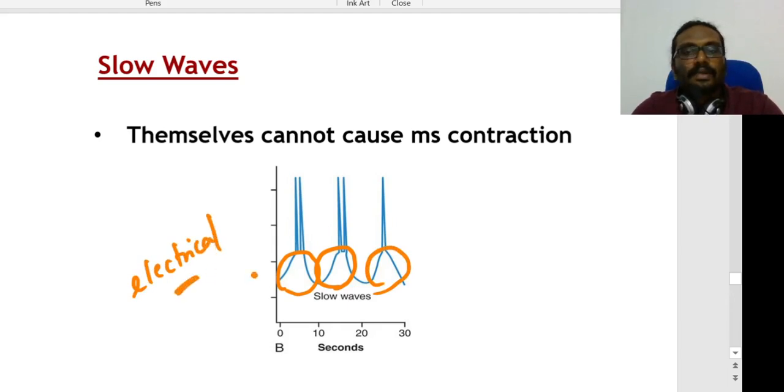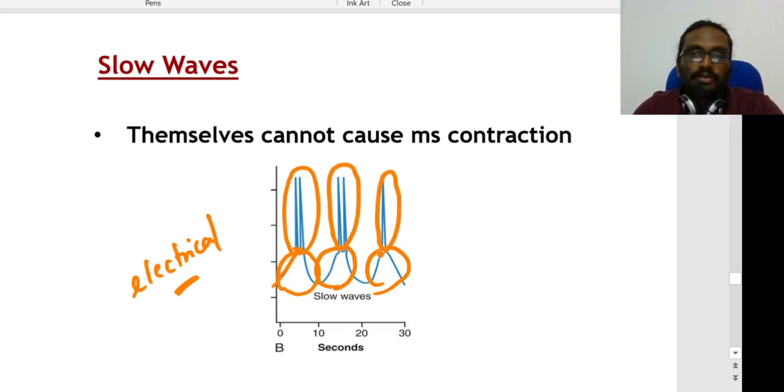And when they reach a threshold level, they cause the spike elevation of membrane potential, and that also will occur in a rhythmic fashion, and this will induce contraction of the smooth muscle.